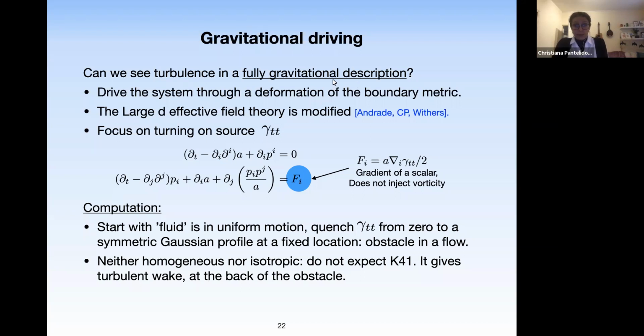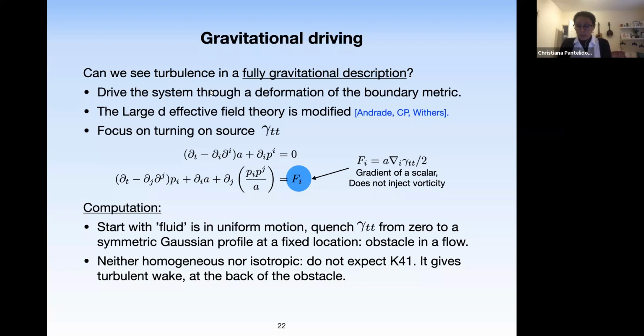And this is what I will try to argue in the next couple of slides, and I'm running very late, so I'll try to be quick. So first, in doing so, we do want to have a forcing term. And in this case, we will drive the system through the deformation of the boundary metric.